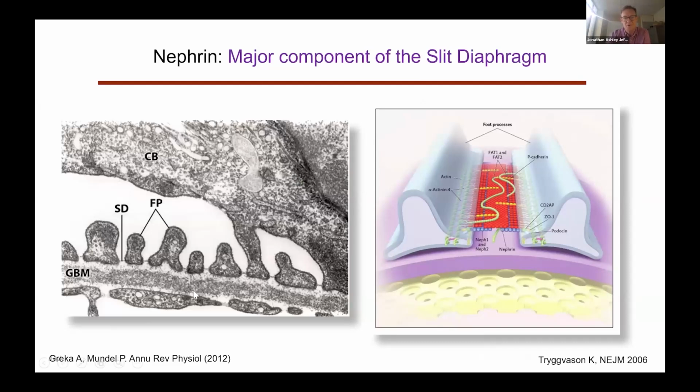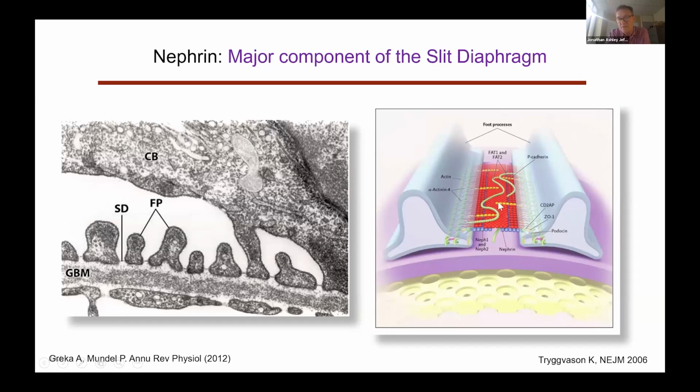So just to remind ourselves what nephrin is. Nephrin is the major component of the slit diaphragm. Here at very high power, you can see nice foot processes, and in between them, we have these slit diaphragms. We typically don't see these clearly on electron microscopy. This image just shows what the slit diaphragm may look like in 3D, and the red bars are the nephrin proteins coming out from each foot process, kind of interlocking.